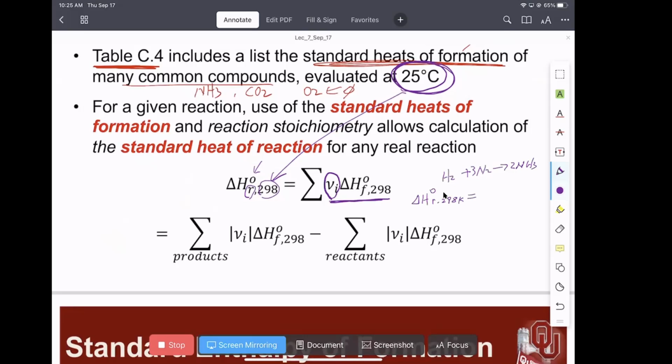That would be 2 multiplied by the formation energy of ammonia, the standard state, minus, because those would be reactants, 3 ΔHF, this is ammonia.